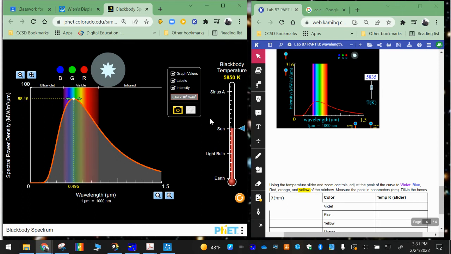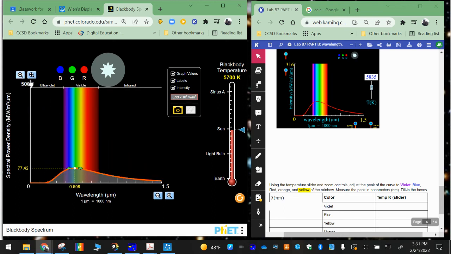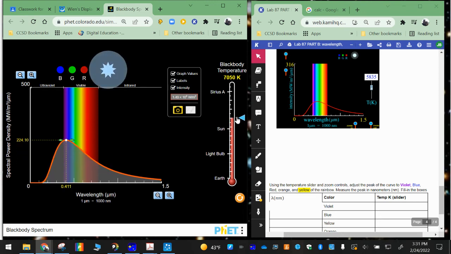Yeah, right here is good enough. Okay, so let's go to violet light. Let's move this until we get to violet light. I may have to zoom out, zoom in a little bit here. Okay, there we go. We want to move the peak into the violet light range.